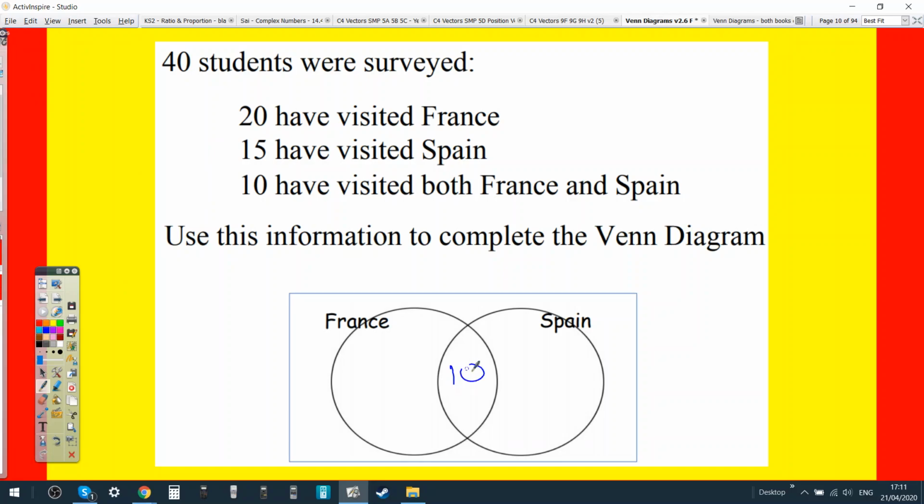Very good. Yeah, because Spain now has 15. Is that full marks?